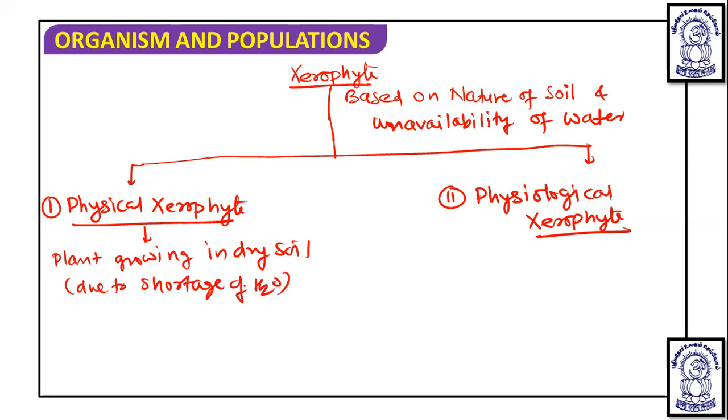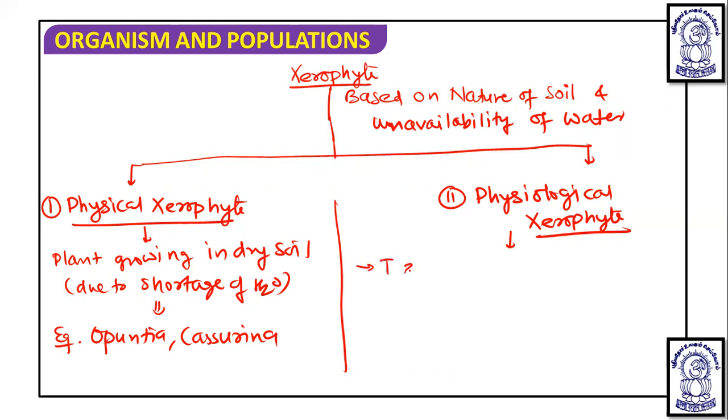When the soil is completely dry, there is actually no water, and some plants grow in that condition; they are known as physical xerophytes. Examples of physical xerophytes are Opuntia and Casuarina.